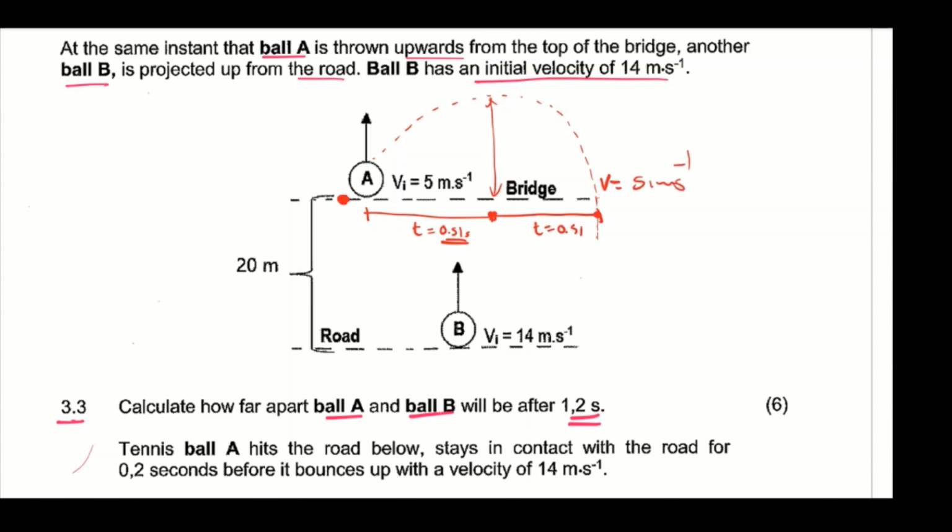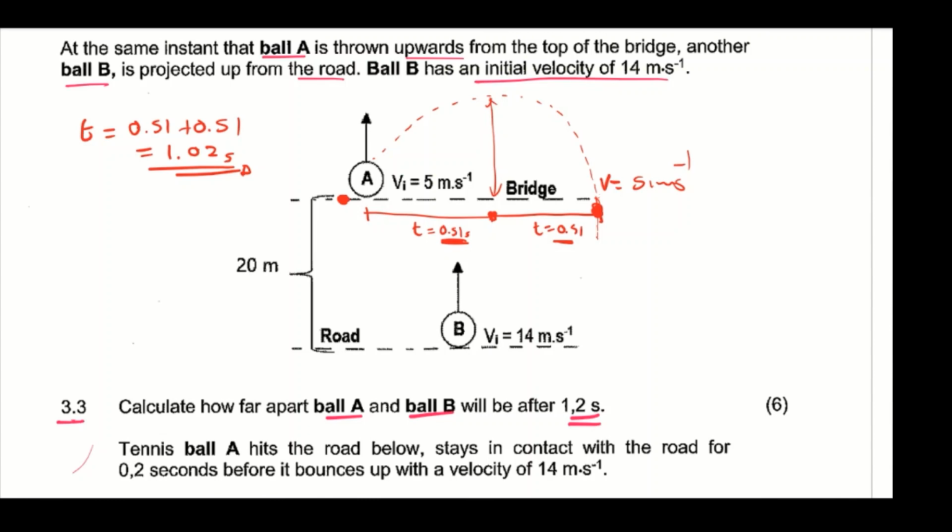The whole point of me doing this is to give you the total time. 0.51 plus 0.51 is equal to 1.02 seconds. So this means it took the ball 1.02 seconds to reach this point here, on the bridge.